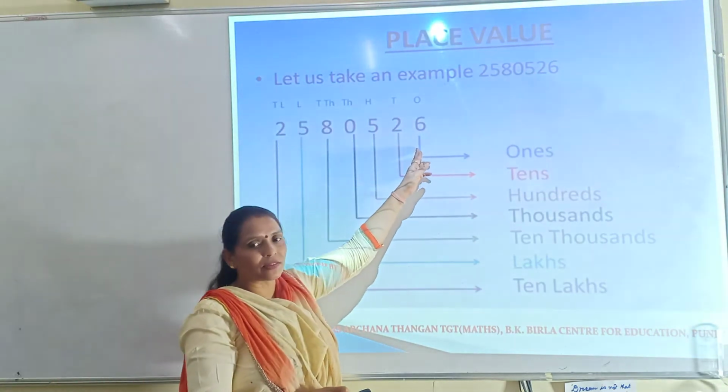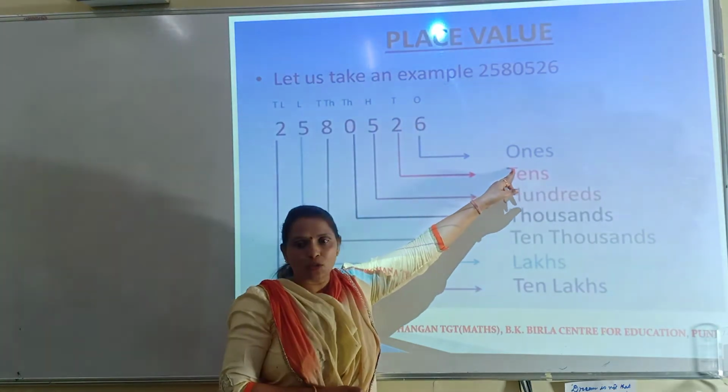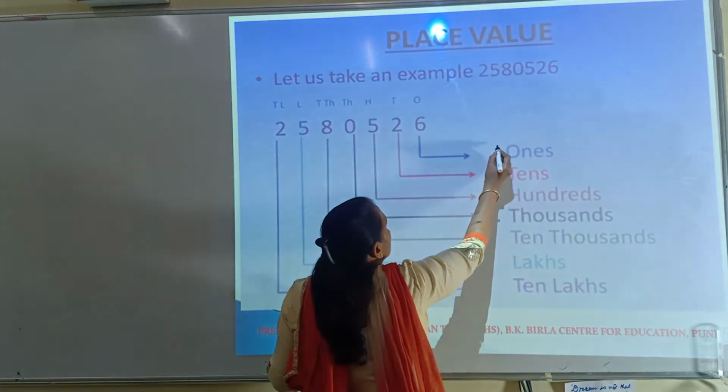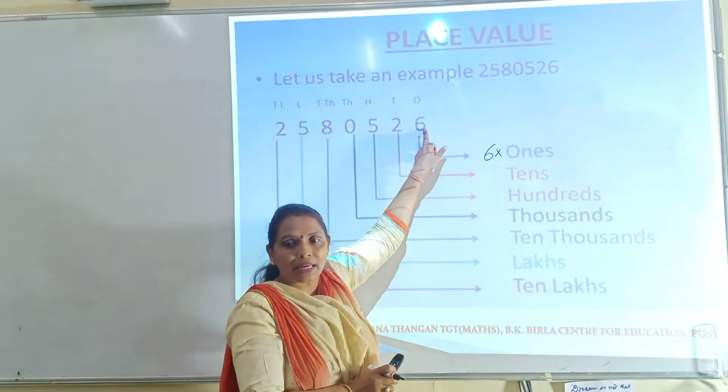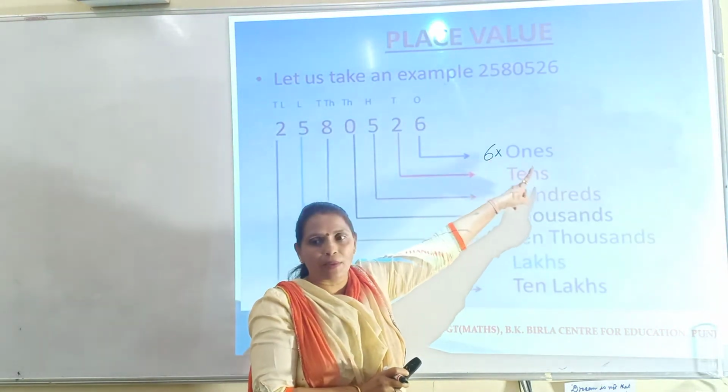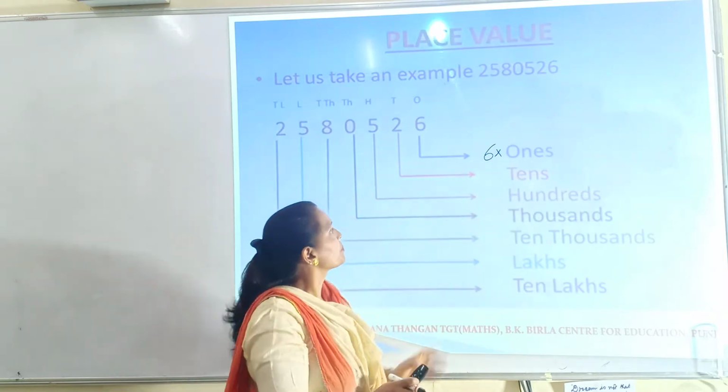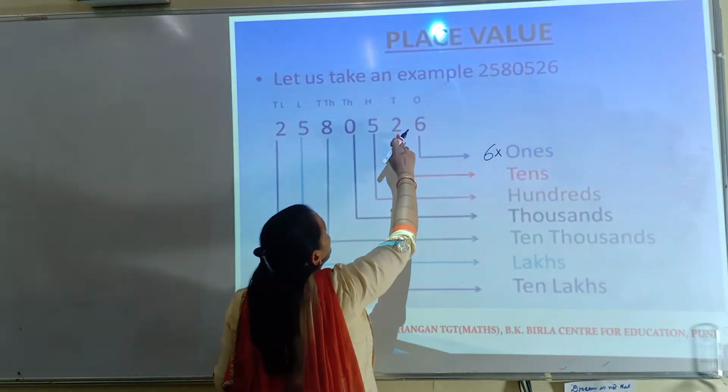Now, what is the place value of 6? 6 is in ones place. So, its place value is 6 ones, that is 6 multiplied by 1, which is 6. Now, second, tens place.